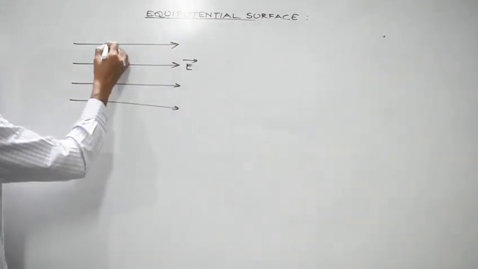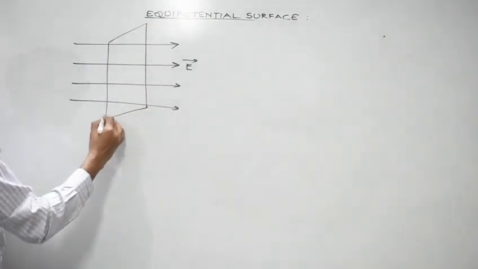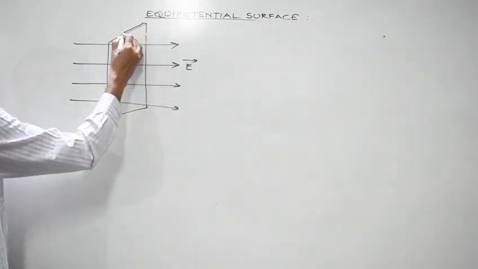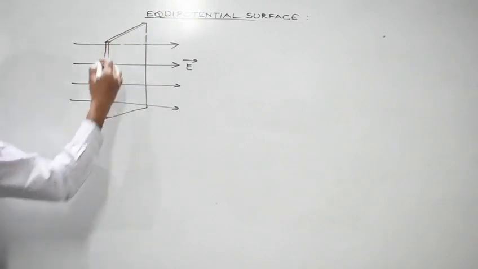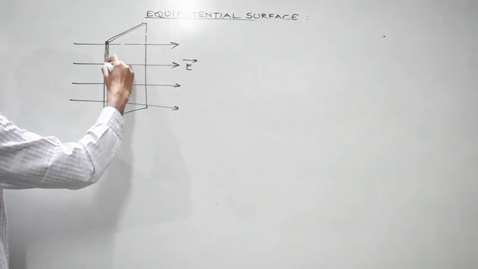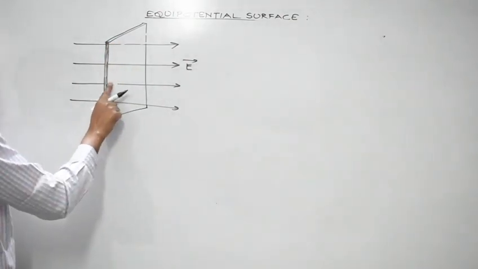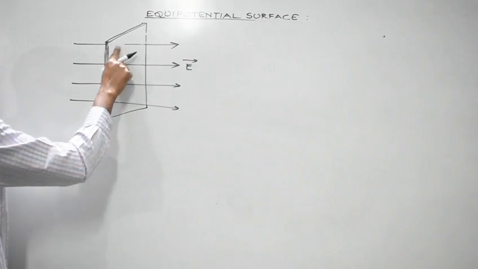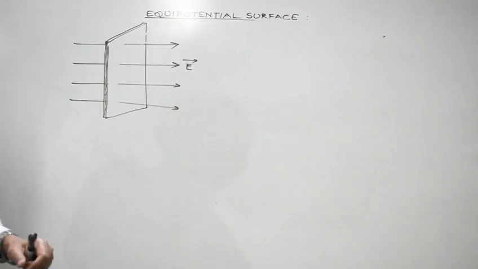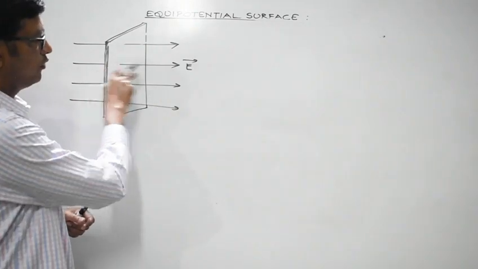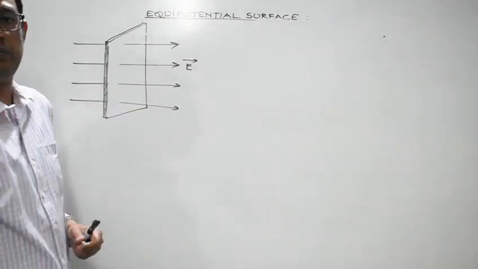It is possible only when the surface under consideration is planar, like this. This is a planar surface, so this is an equipotential surface. Now the diagram is more appropriate, it will give a 3D effect. So for a uniform electric field, the equipotential surface is planar.